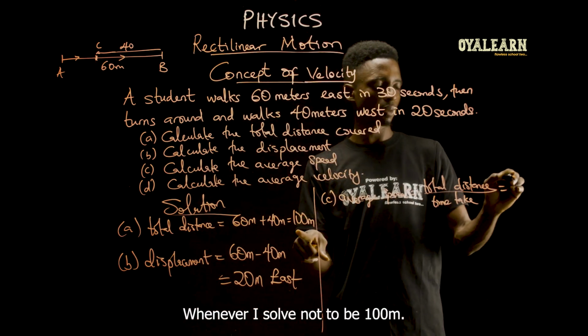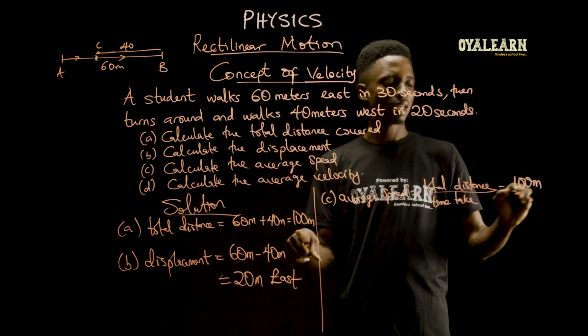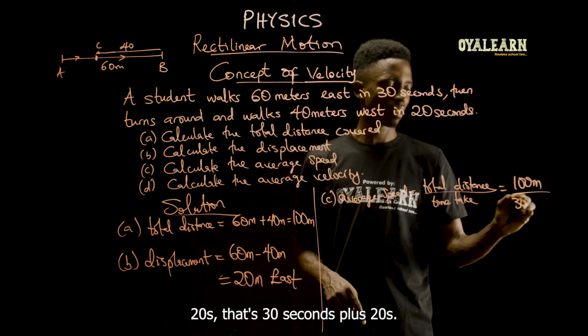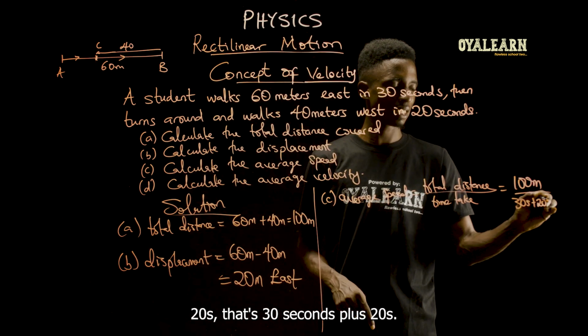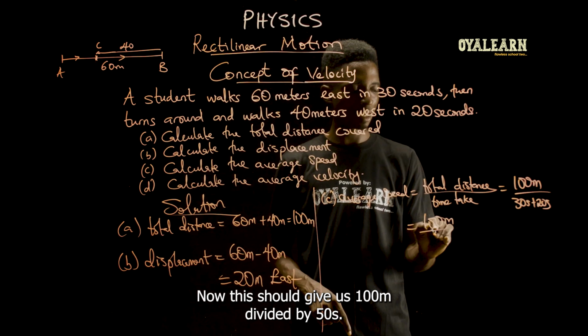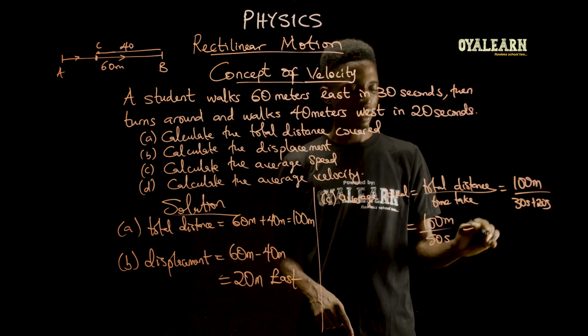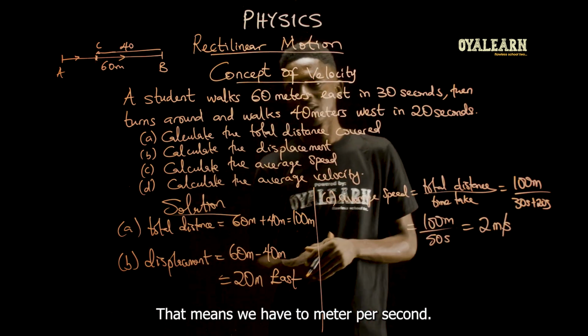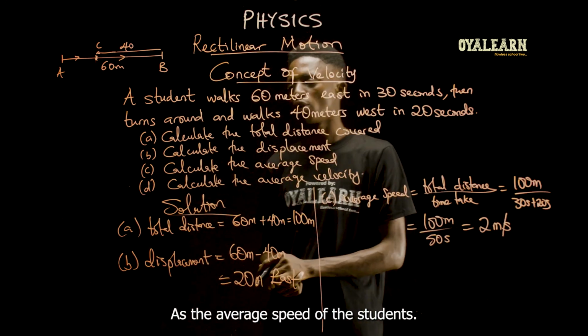We have already solved that to be 100 meters. Now the total time, we have 30 seconds here and 20 seconds. That's 30 seconds plus 20 seconds. Now this would give us 100 meters divided by 50 seconds. That means we have 2 meters per second as the average speed of the student.